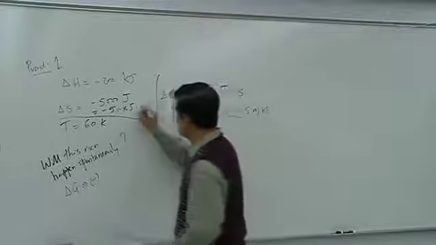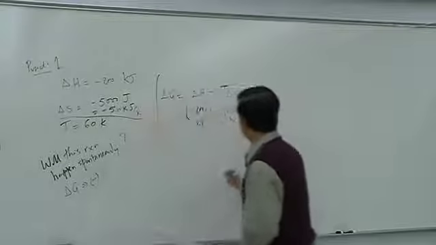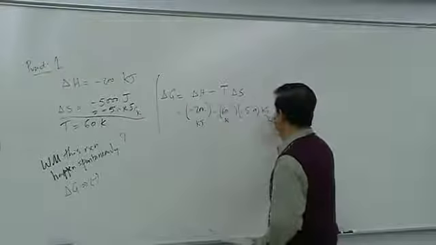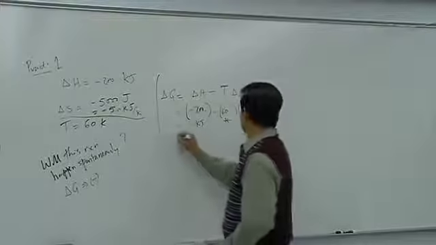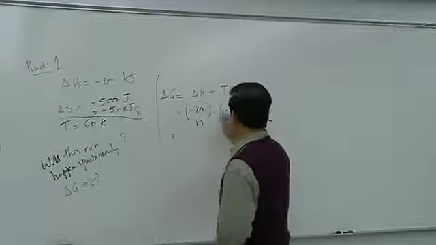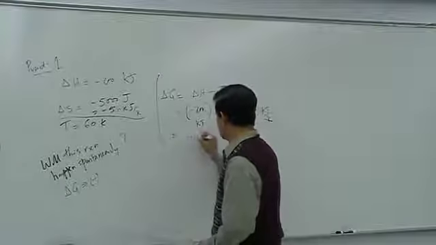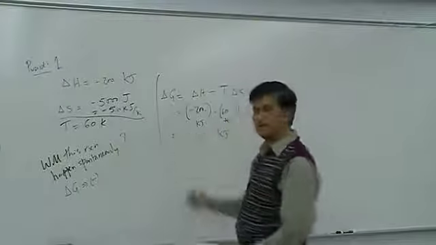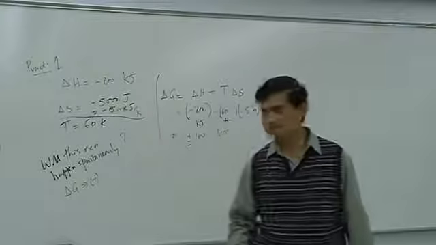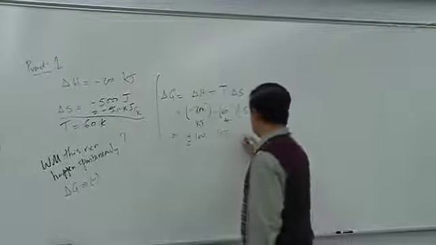Entropy unit is kilojoule per Kelvin. So Kelvin would cancel out, so I have kilojoule, and so I have plus 300 here, minus 200 here, so it's going to be plus 100 kilojoule. Since delta G value is positive, not negative, it's non-spontaneous.